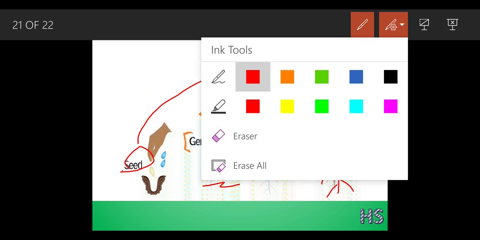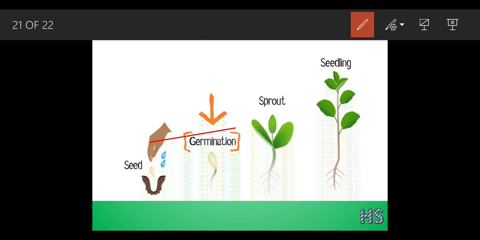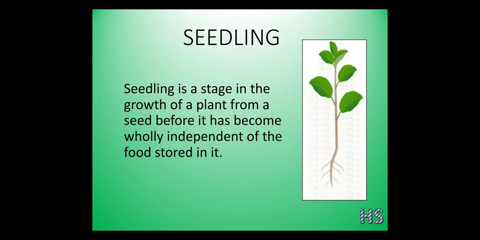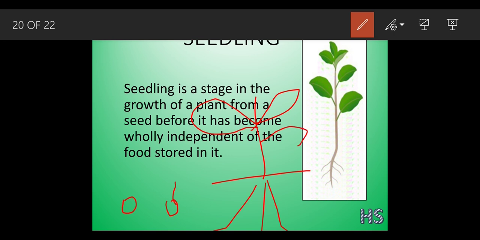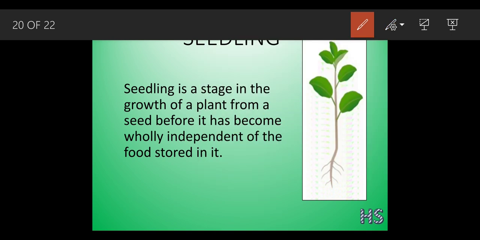So let's understand what we mean by seedling condition. A seedling is a stage in the growth of a plant from a seed. As I have already said, there was one seed. It started to germinate, and when it germinated fully, it developed into a new plant. So this is nothing but the condition of the seedling. Now from a seed, before it has become wholly independent of the food stored in it.